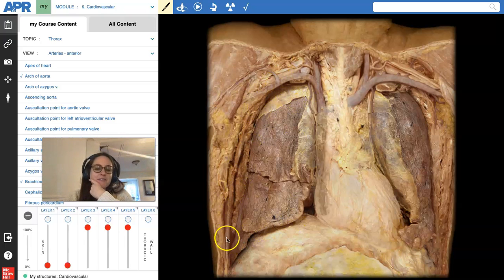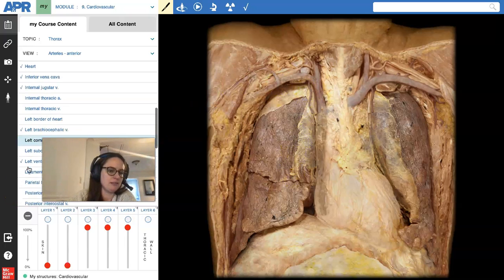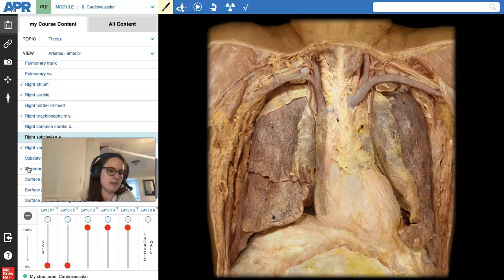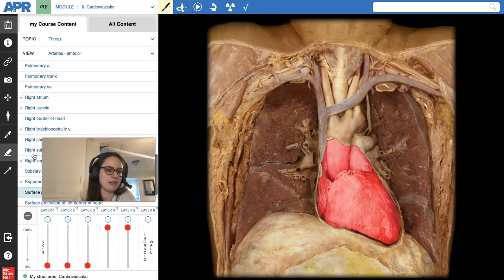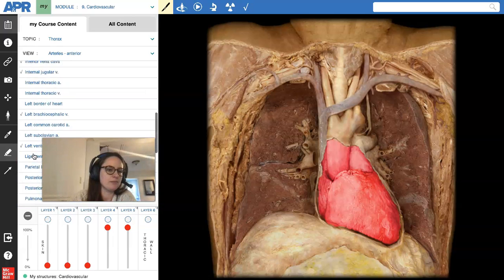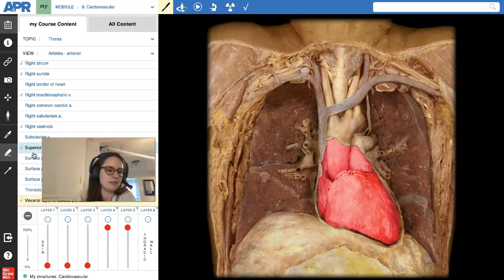Anyway, you have the pleural cavities for each of the lungs. This will be the right lung, this will be the left lung, this will be the pleura. I think this is called the visceral. That's pericardium, sorry. I'm obscuring my own view of what I'm listing.